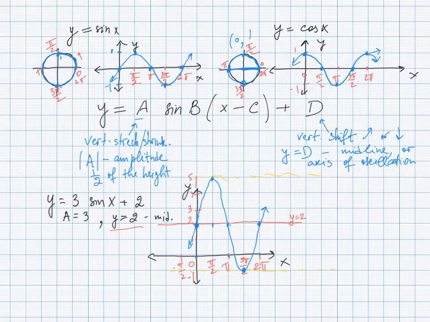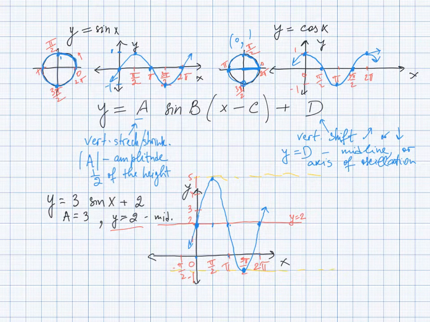If I need, I may need to repeat this cycle, either on the right or on the left. As you see, we did not really use transformations; transformations are used kind of implicitly. Our amplitude tells us that instead of going up and down by 1, it goes up and down by 3. And the midline tells us that the entire graph with its axis of oscillation is shifted 2 units up.